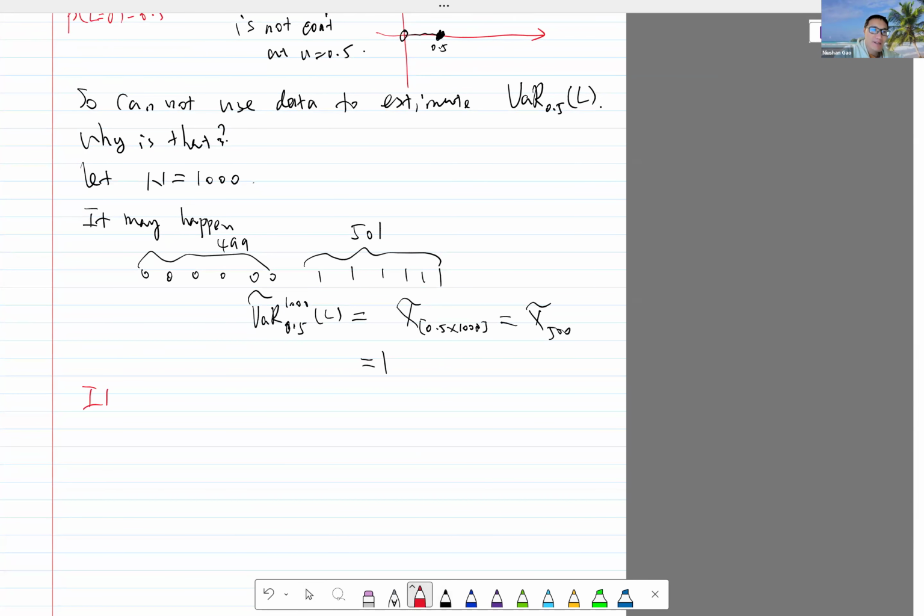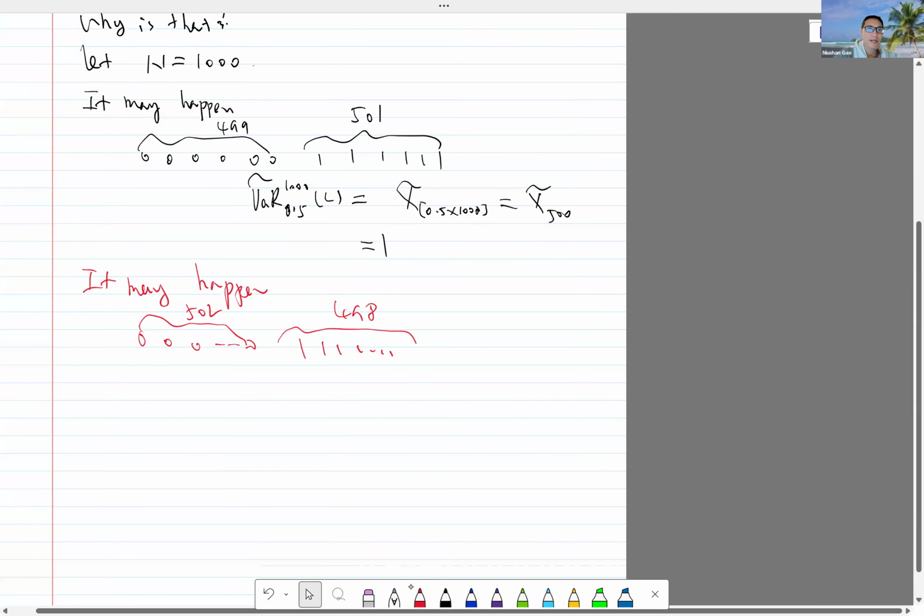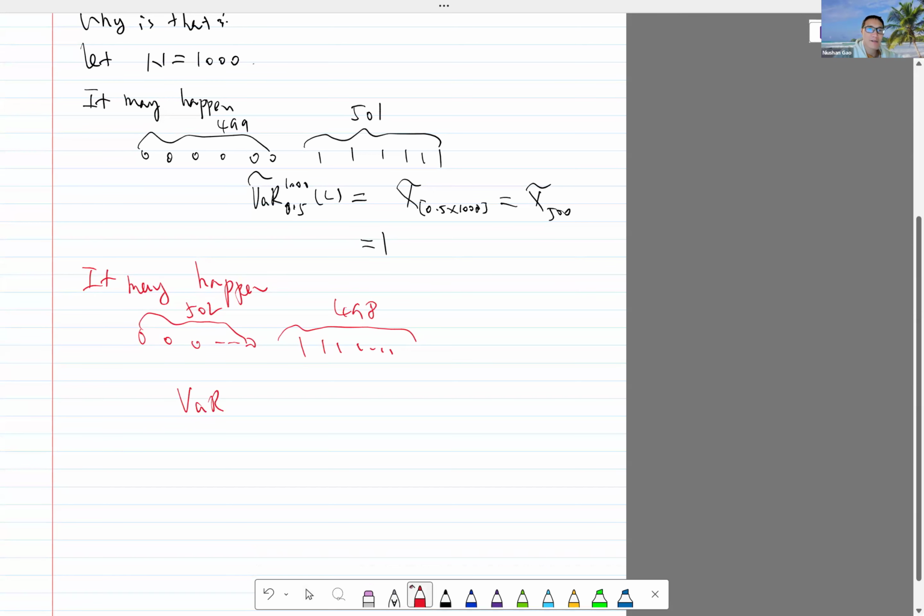It may also happen that you flip it again 1,000 times, and you actually have 502 tails and 498 heads. It definitely could happen, right? Then what is the value at risk estimate of this one?